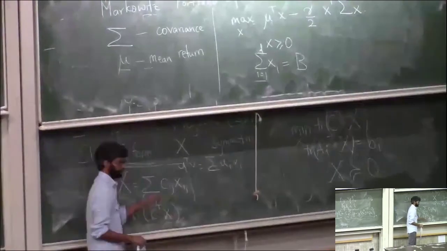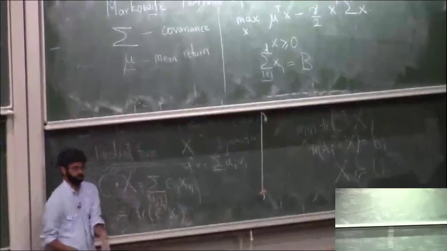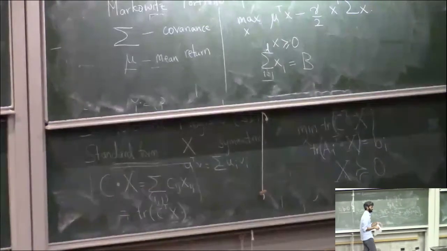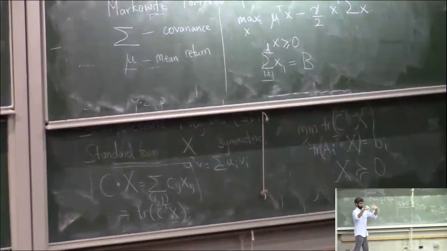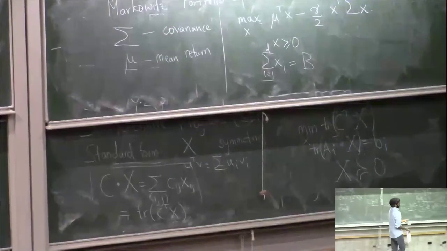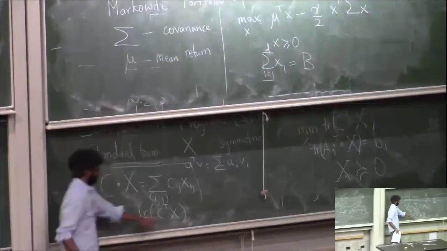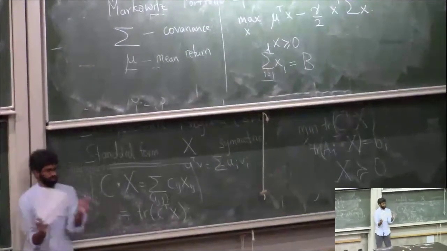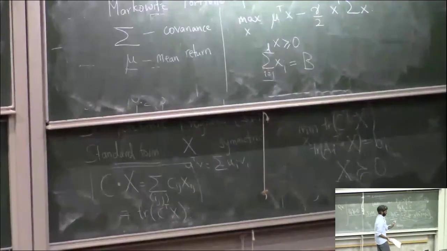Yeah, but each entry of the diagonal takes one row of C transpose and one column of X, which is one column of C and one column of X, takes their dot product, and that's one entry of the diagonal.